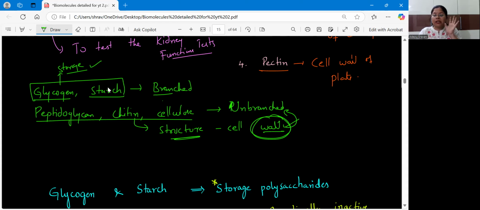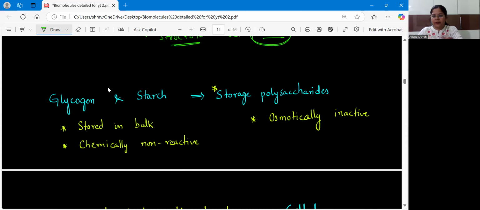Now, don't ask me about inulin. Don't try to remember the inulin. Here, branched, unbranched, you have to remember only with respect to these five elements. Okay. And the last point with respect to this classification, as I've told, glycogen and starch are the storage polysaccharides in animals and plants respectively.